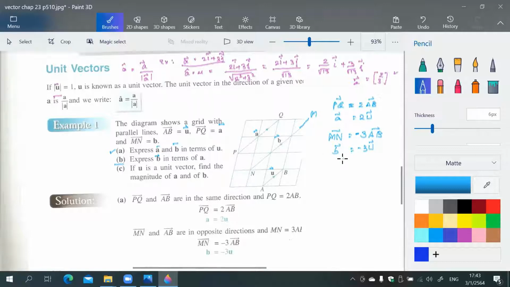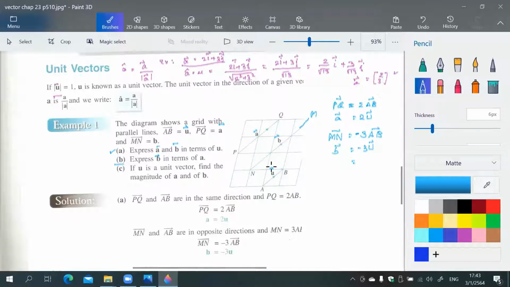Now we want to find it in terms of A, correct? Vector U is a half of A, correct?